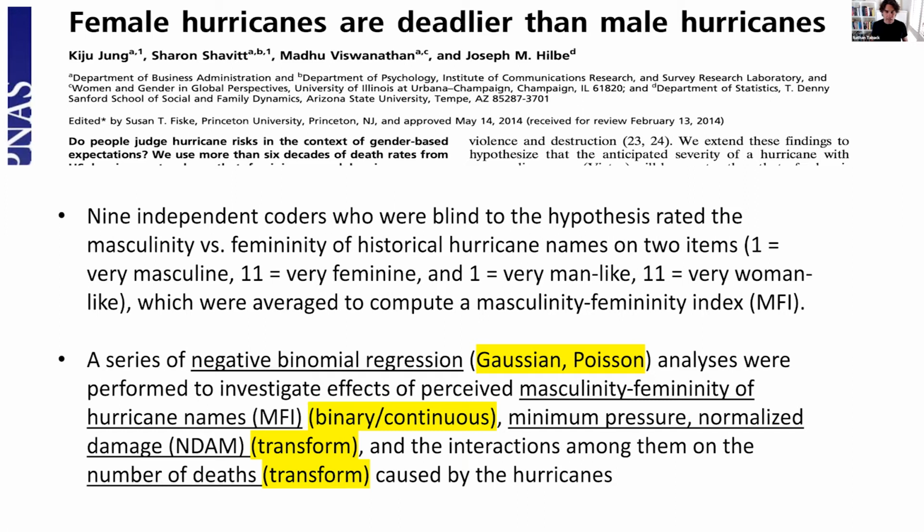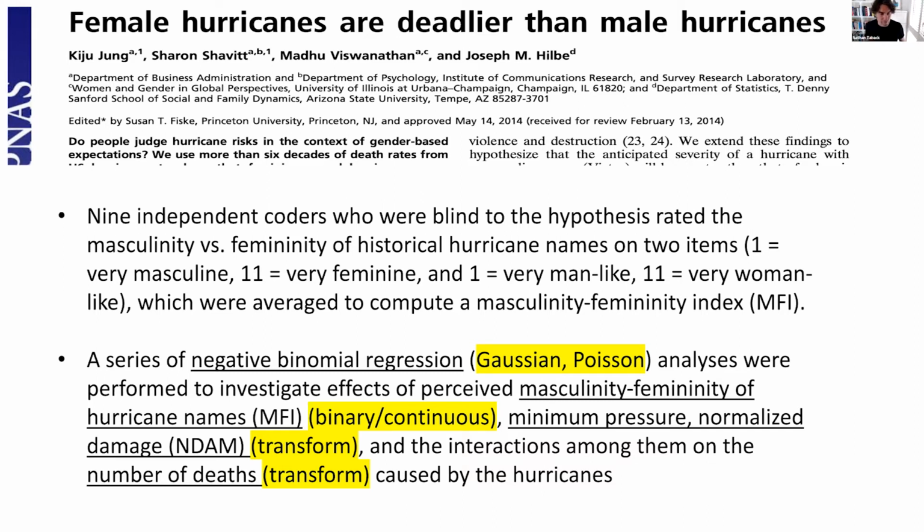And what I've highlighted here in yellow, and I've put some terms in brackets here, is that you can imagine that there was no good reason to run a negative binomial regression. The count could have been transformed using, let's say, a log, add 1, take the absolute value, and then maybe you're looking at a Gaussian, or the count could have been analyzed as a Poisson. The hurricane masculinity-femininity could have been treated as continuous, or it could have just been categorized as male, female.